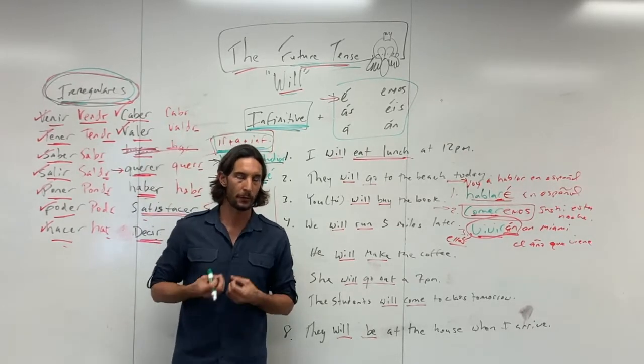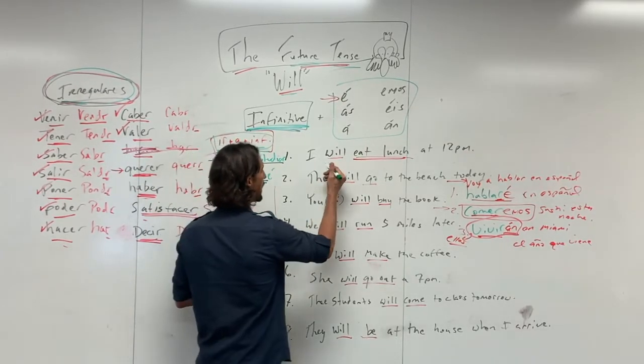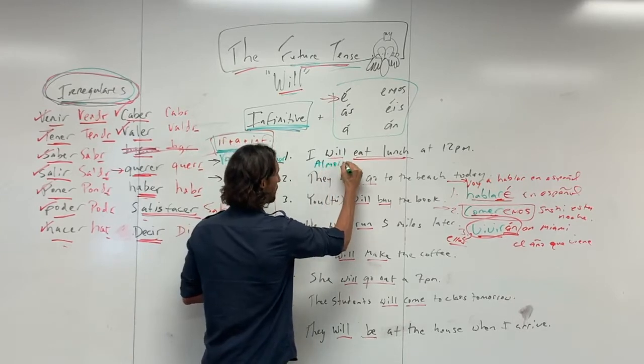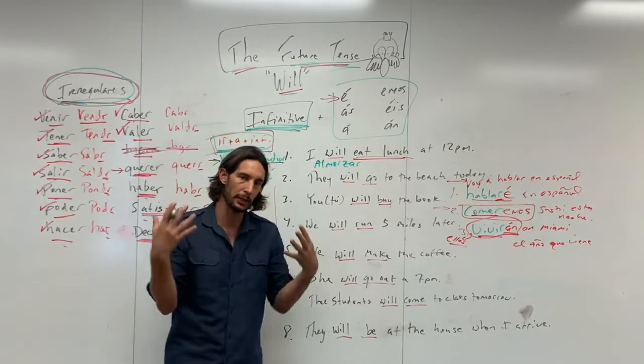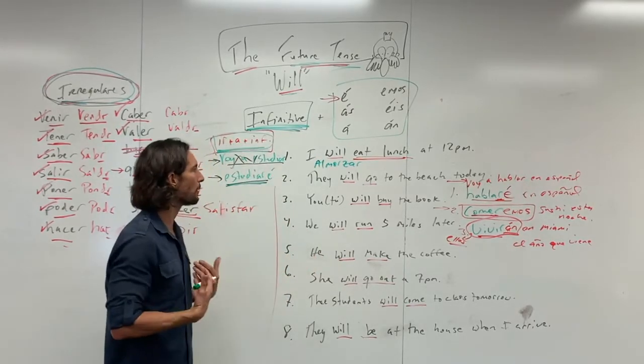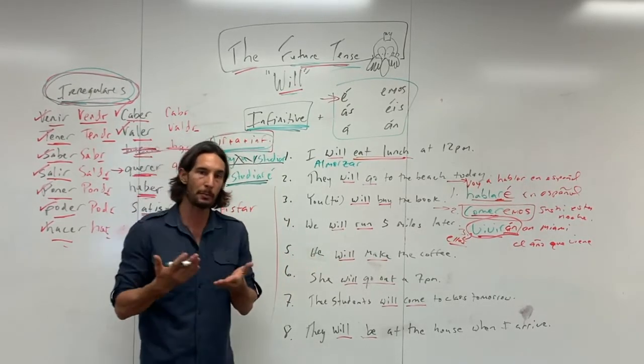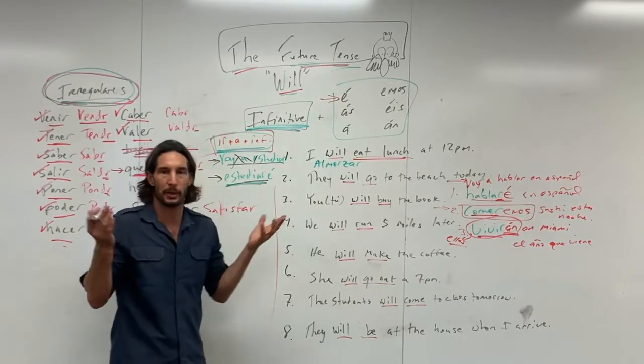So our verb for to eat lunch is almorzar, right? I'm just going to go ahead and write it here. Almorzar, right? And so that is the verb actually to eat lunch, in and of itself. So I will eat lunch at 12 p.m. So remember, we have almorzar, so we have the infinitive.